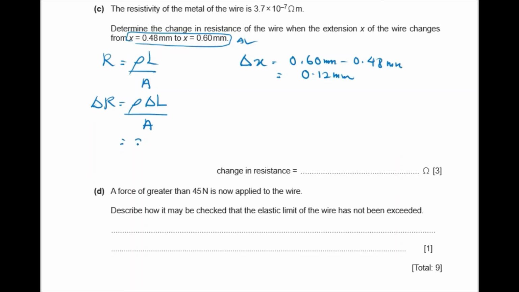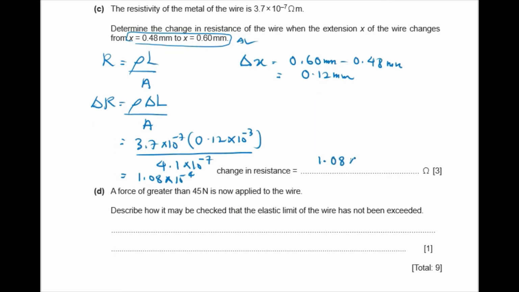Substitute here: 3.7 × 10^-7, change in length 0.12 mm changed to meter, 10^-3, divided by area 4.1 × 10^-7. Okay, so the change in resistance is 1.08 × 10^-4 ohm.